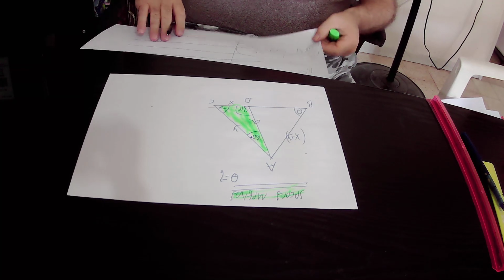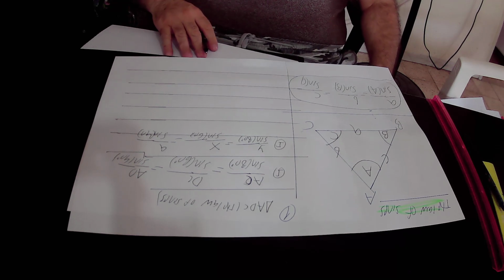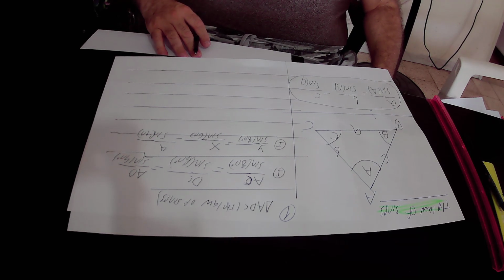So according to equation number 1, y over sine 80 degrees equals x over sine 60 degrees equals a over sine 40 degrees.